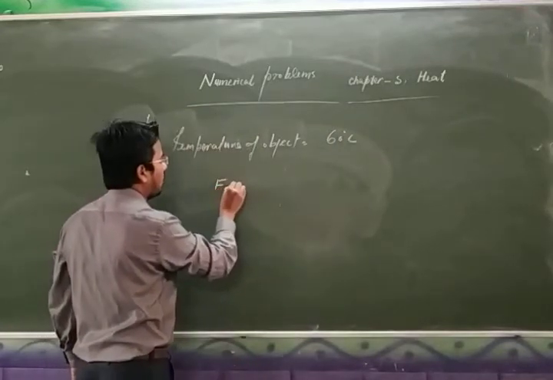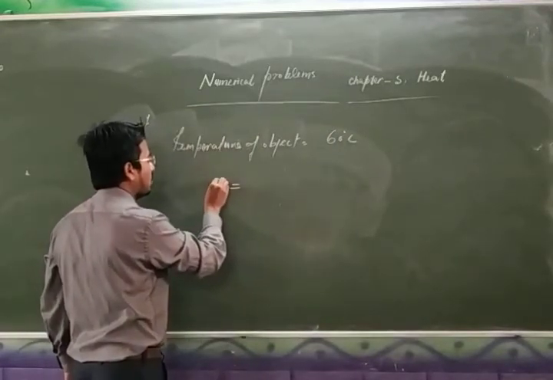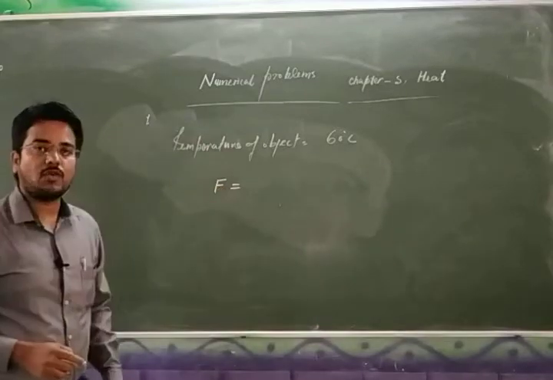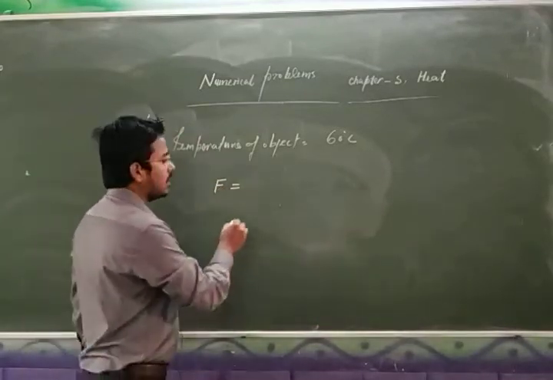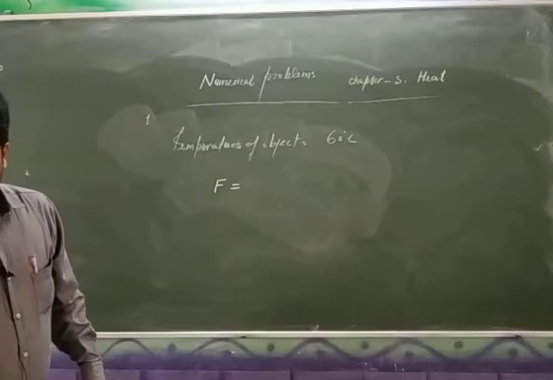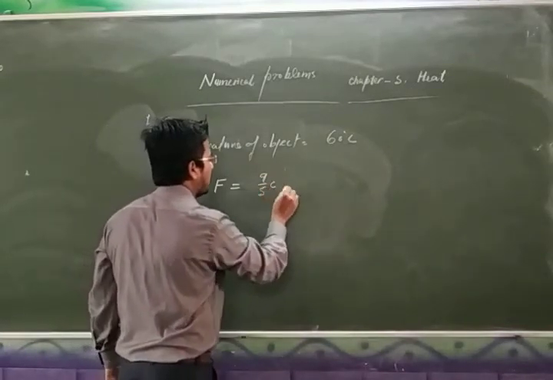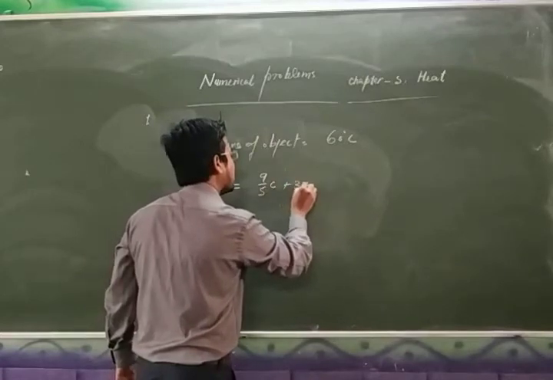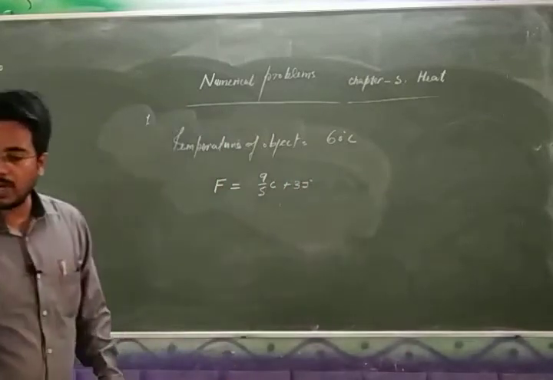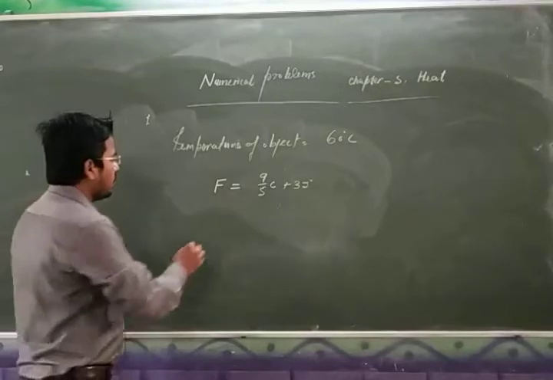The formula of converting degree Celsius into Fahrenheit is F is equal to 9 by 5 C plus 32. This is the formula, and we will put the values.